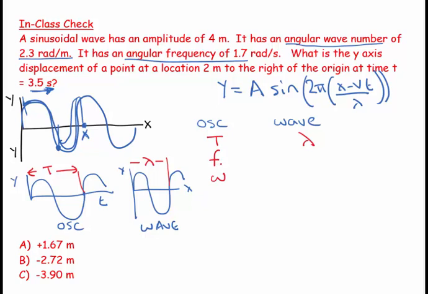So we started off with period, and then linear frequency, and then angular frequency. And we found this angular frequency, which is in radians per second, was quite useful. This is, of course, in hertz, and this is, of course, in seconds.